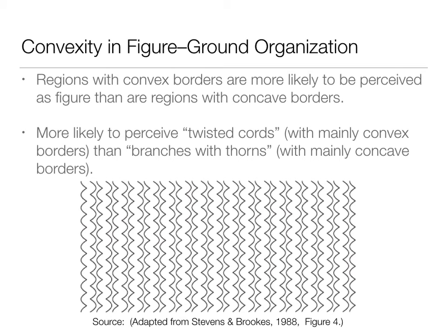And even then, I still see that more as the background than as the figure. That's because in an ambiguous situation such as this, we're going to side with the convex borders rather than the concave borders.